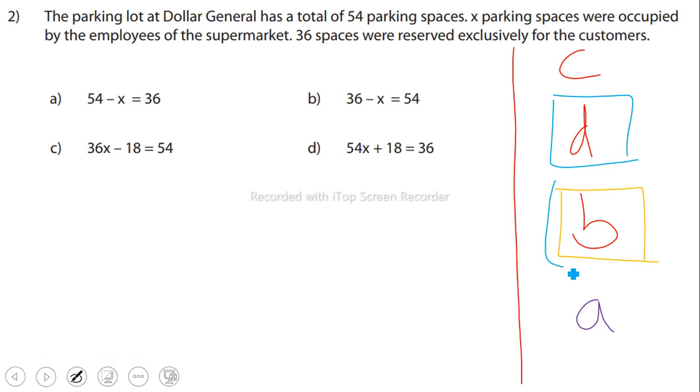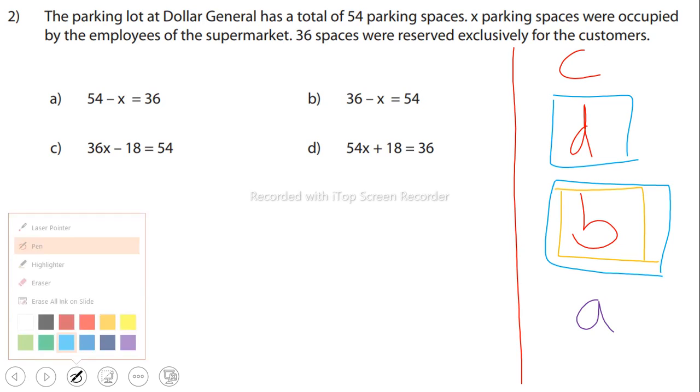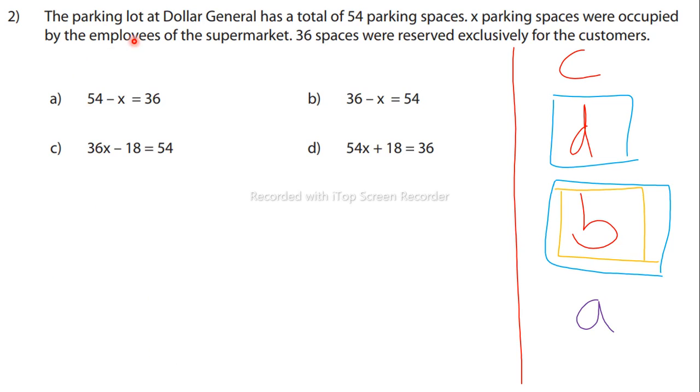So we have all the letters on this board. A, B, or C. Wow. All right. Let's see. The parking lot at Dollar General has 54 parking spaces in total, so this word total is important. Sorry, before you give the answer, I have a question.